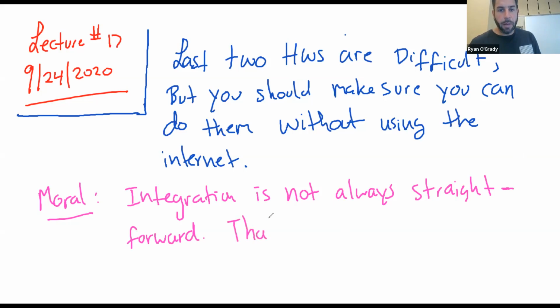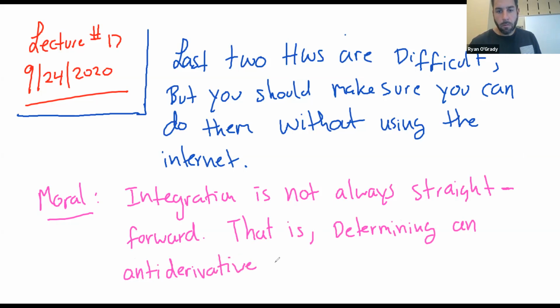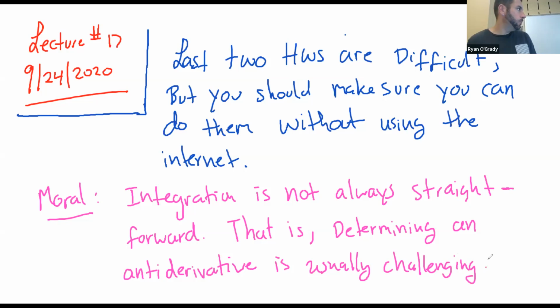We have to be specific about what we mean by this. That is, determining an antiderivative is usually challenging. That's really what we've done on the last two homeworks. If you look at them, except for maybe the one or two problems at the end, everything we've asked you to do is to determine an indefinite integral, which means you're really finding an antiderivative.